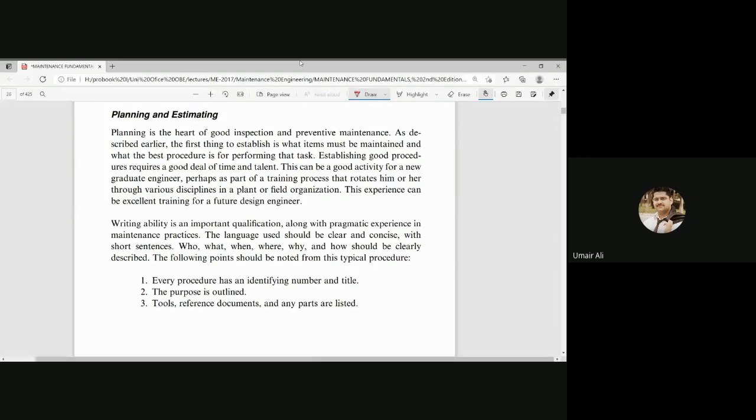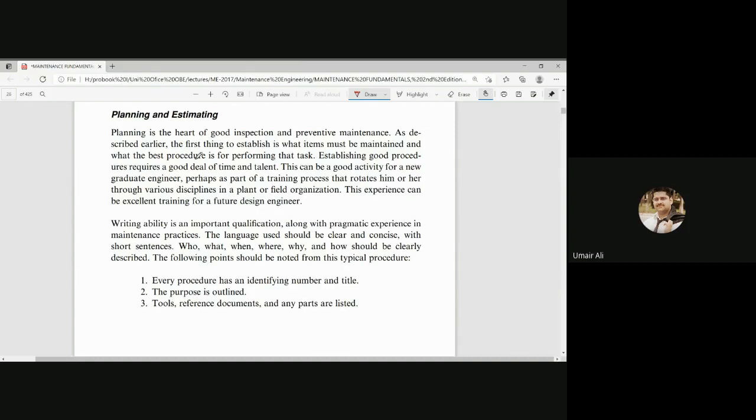Also, the good thing about the book is that I don't have to focus on the artwork of the PowerPoint. I'm focused on my material, so that you can learn more and more. And this subject has been kept intentionally like that so that you develop the habit of book reading.